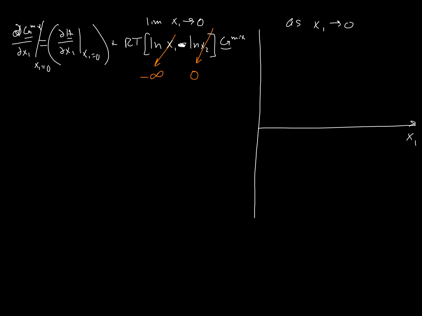So what's happening with our G mixing curve here is that the slope is negative infinity. So in ideal mixing, the entropy approaches the dilute scenario with a vertical line.